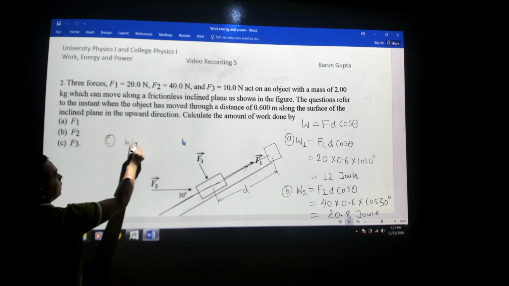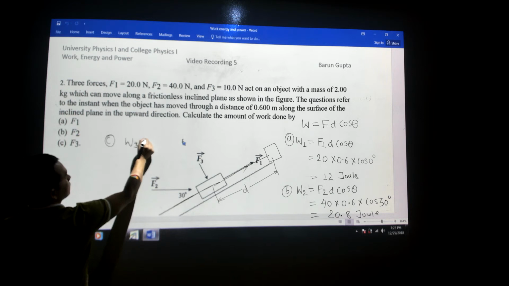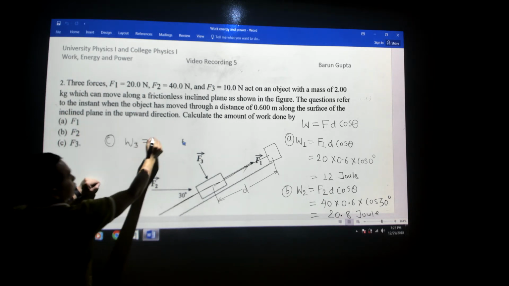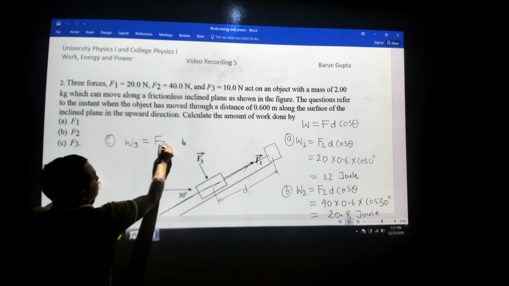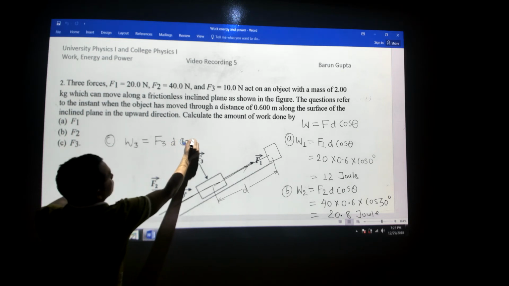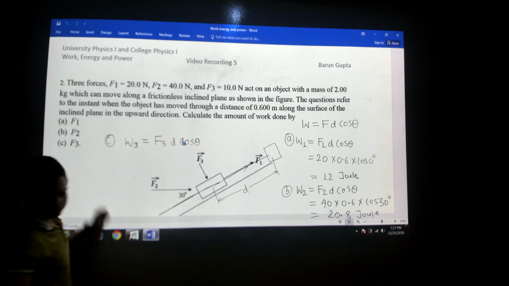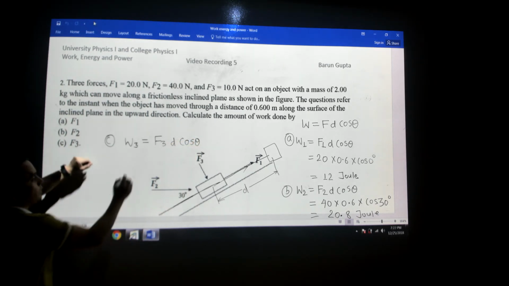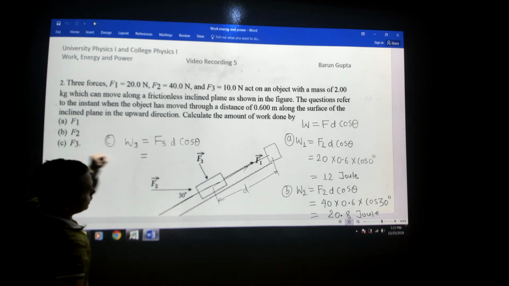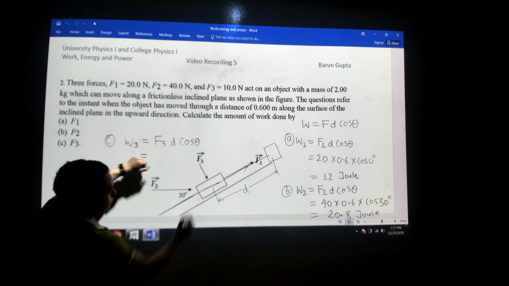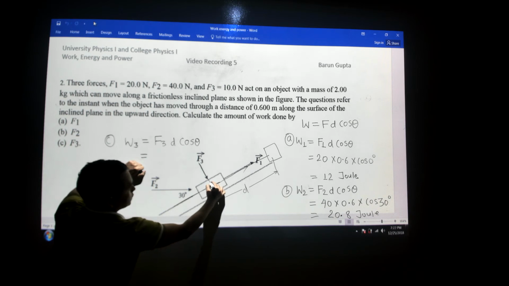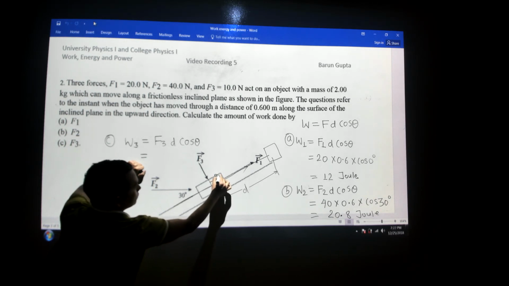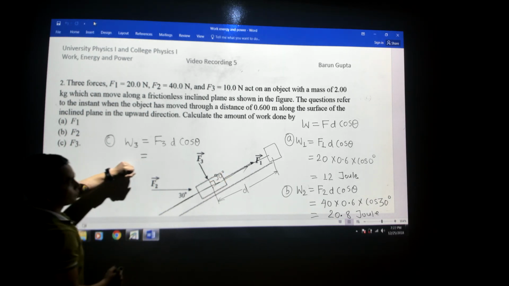The work done by this force is equal to F3 times D times cosine theta. So what is the angle now between this force and the displacement? This is 90 degrees.